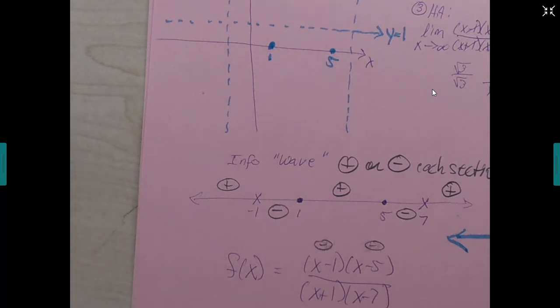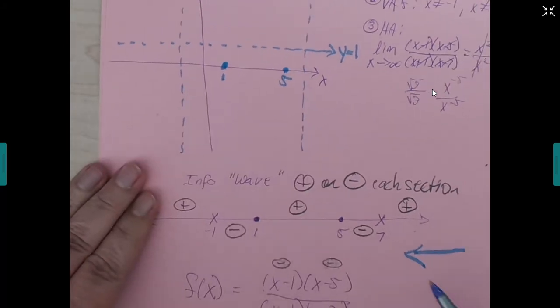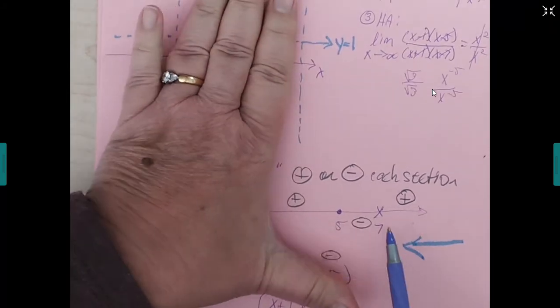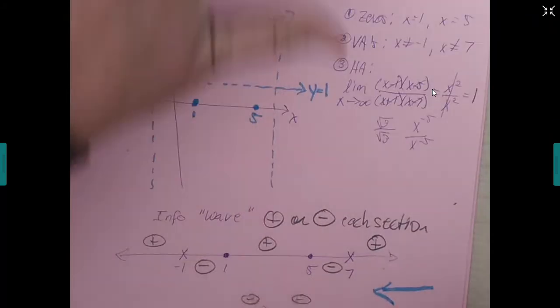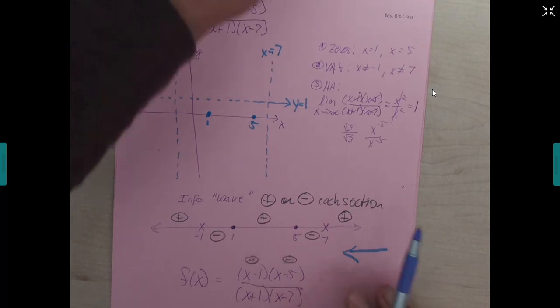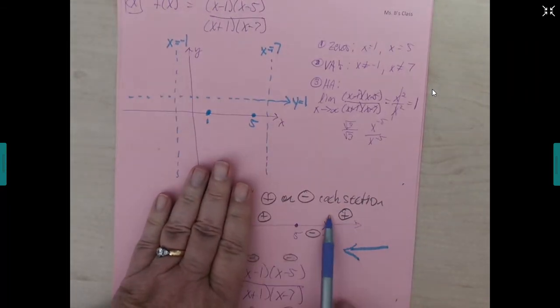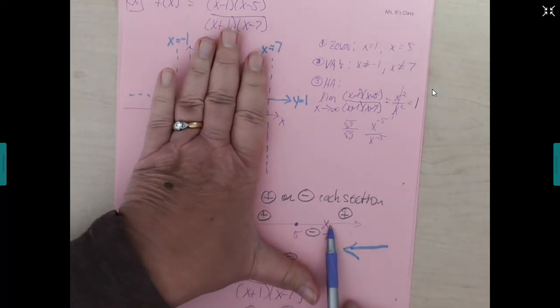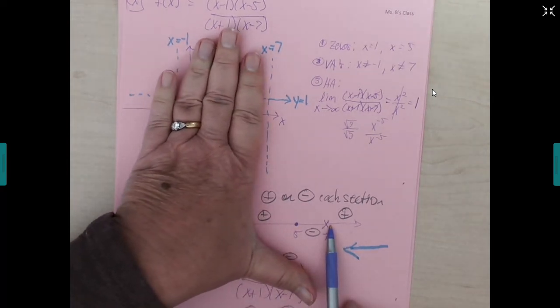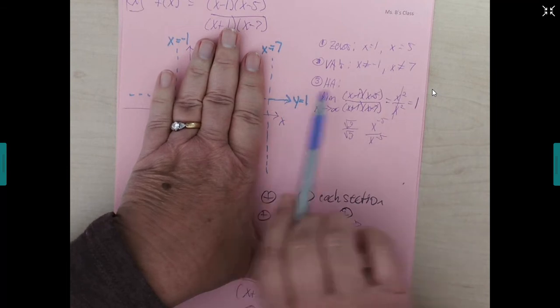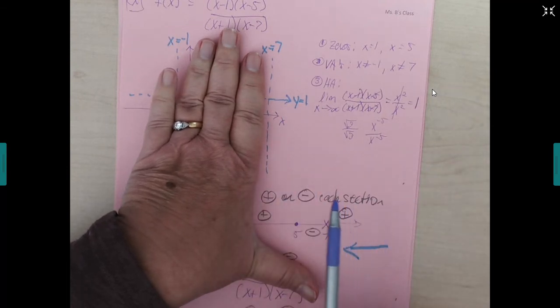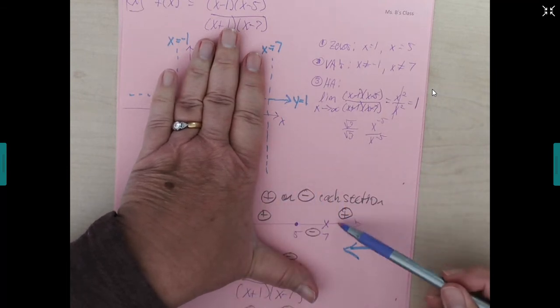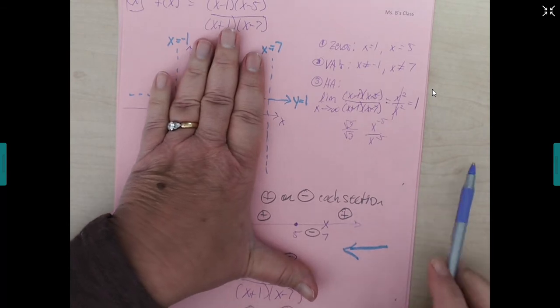So first section here, everything, let's zoom out so you can see everything. Okay, we're doing this section first section. Okay, so that represents the vertical asymptote right there at x equals 7, and everything to positive infinity there is going to be overall positive.